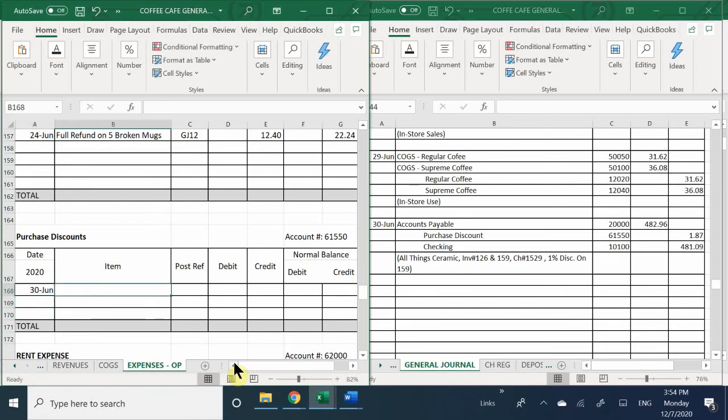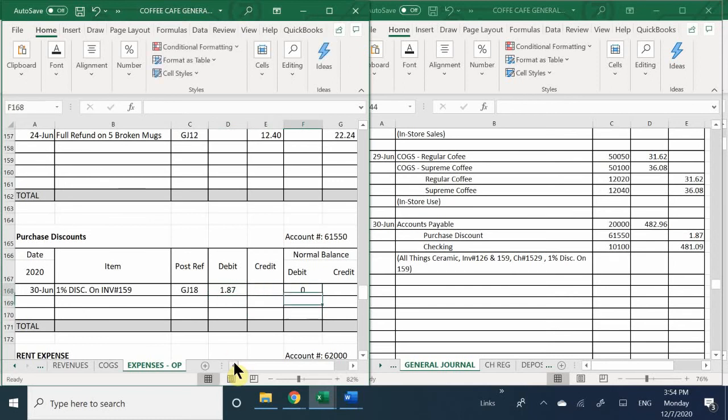Okay, so under purchase discounts, we can just note the invoice number, and that was invoice 159 only.